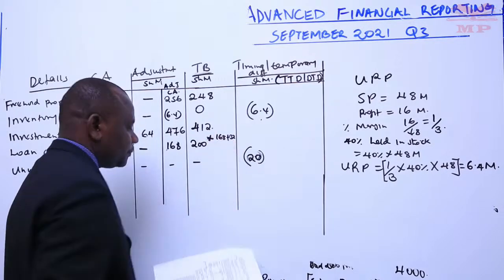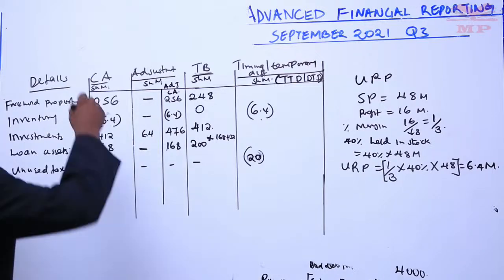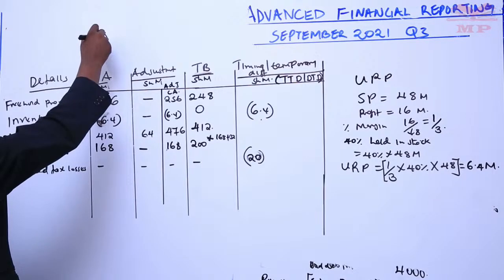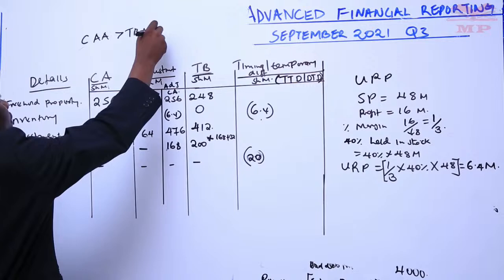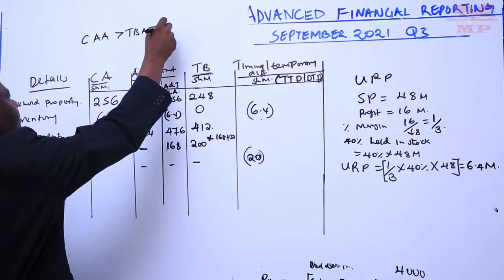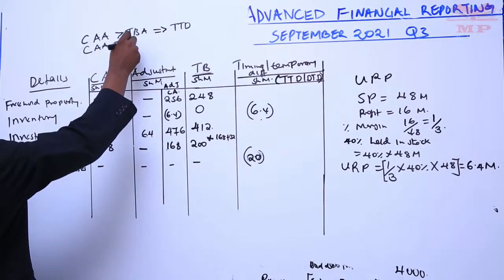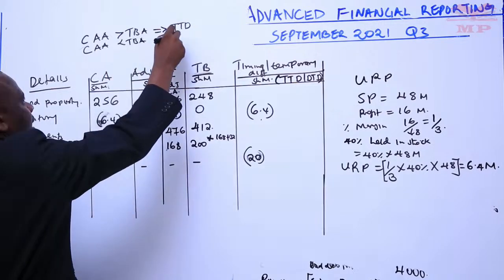Now this is how you end up with timing differences. We know that when the carrying amount of an asset is greater than the tax base of the asset, you get a taxable temporary difference. When the carrying amount of an asset is less than the tax base of the asset, you get a deductible temporary difference.